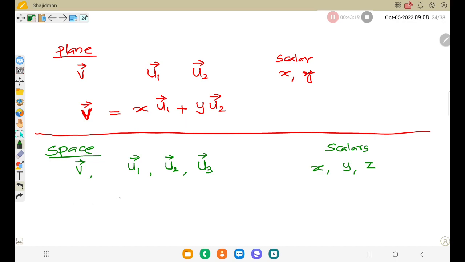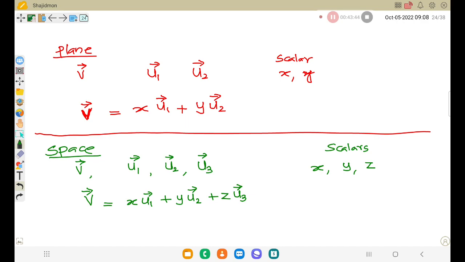So when we are telling vector v is a linear combination of u1, u2, u3, just calculate x multiply vector u1 plus y multiply vector u2 plus z multiply vector u3. If you get the same vector v, then vector v is a linear combination of u1, u2 and u3.